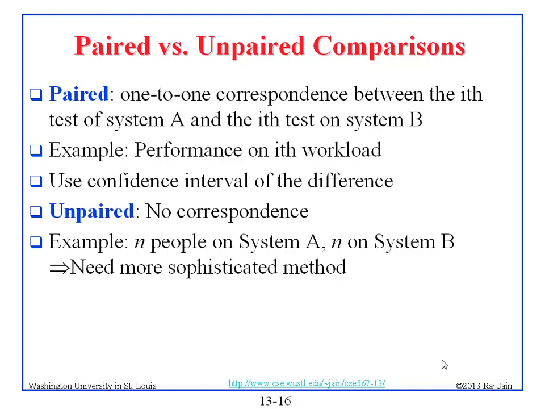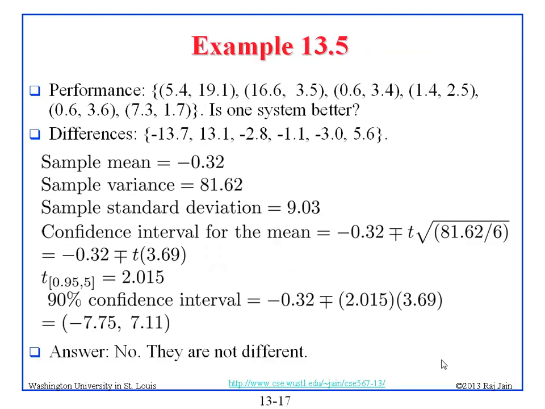Okay? So if you have unpaired observations, then you need a little bit more theory that I haven't taught you. But for paired, we are ready. So we ran two systems, and on the first benchmark we got 5.4 and 19.1.